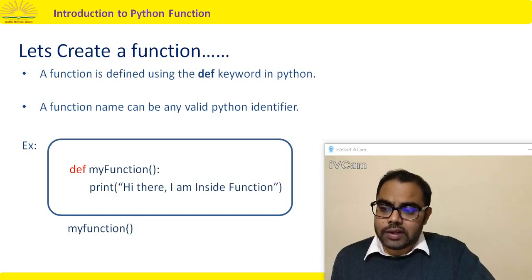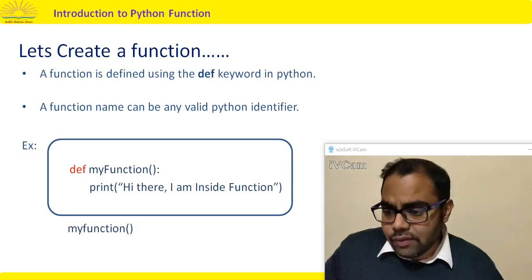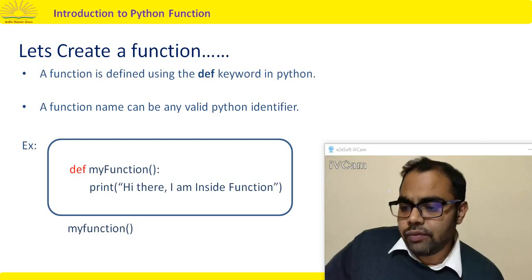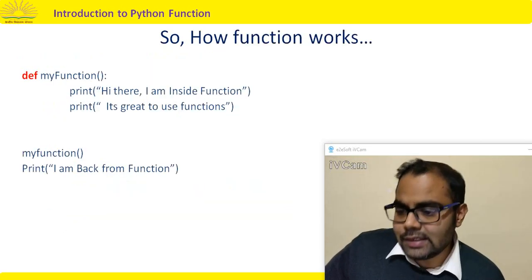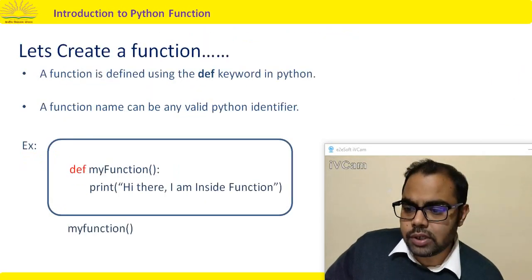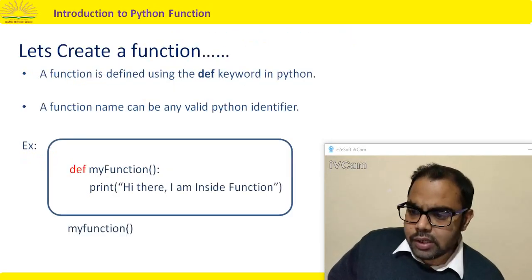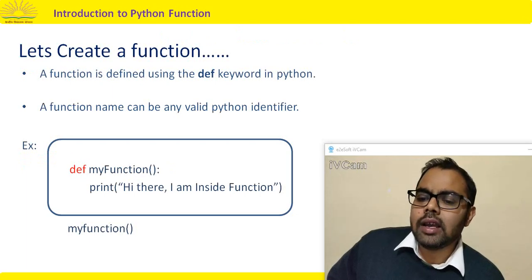What is the name of the function here? My function. So I write my function, then a set of parentheses. If you run these three lines here, you will get the output: hi there I am inside the function.